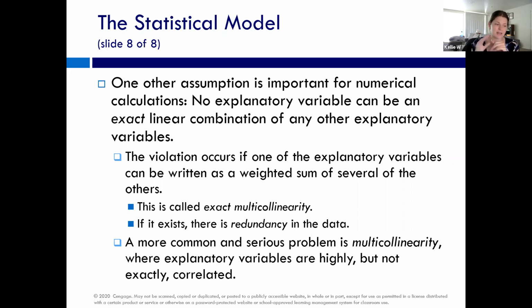Generally they're not exactly correlated like this with exact multicollinearity. So we only talk about multicollinearity, which just means that two of the variables in the data are highly correlated to each other.